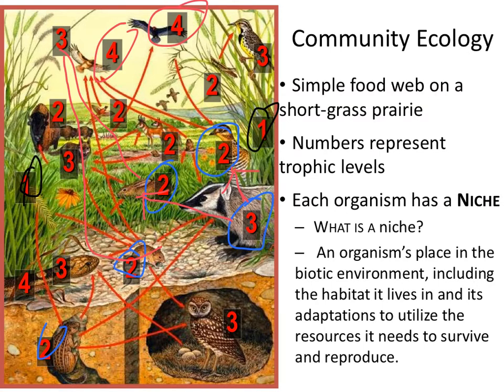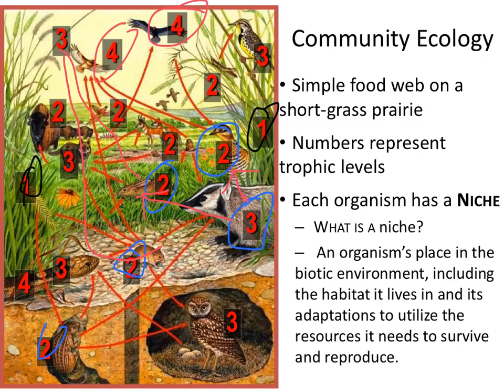In this case, we have a grassland, and we have certain temperature regimes. In this case, it's probably spring or summer. In the wintertime, this might be covered in snow. Okay, so a niche is the place that an organism is found and where it lives.